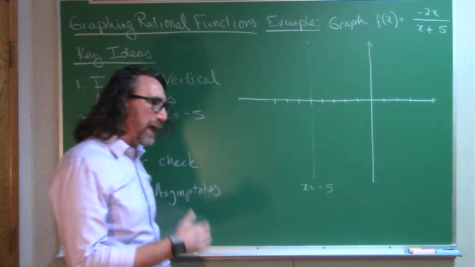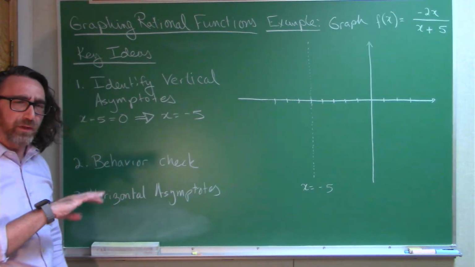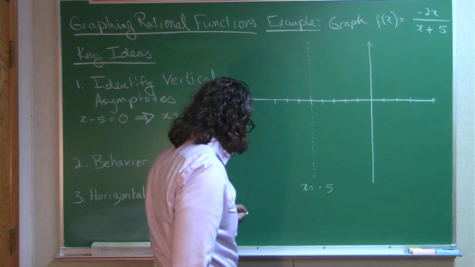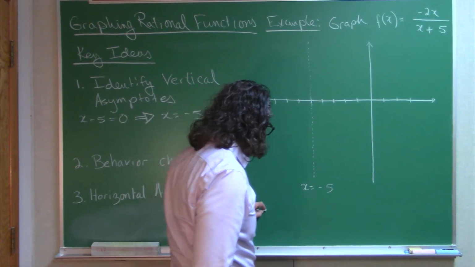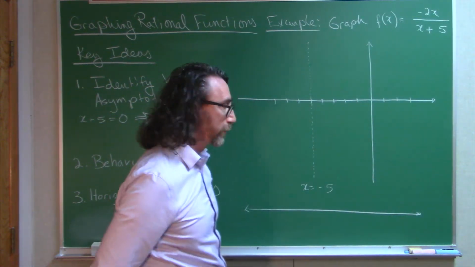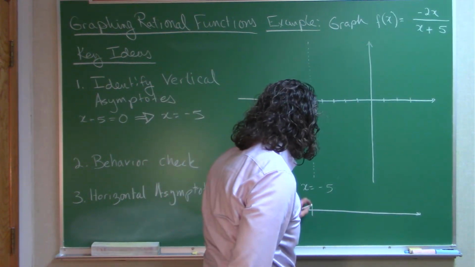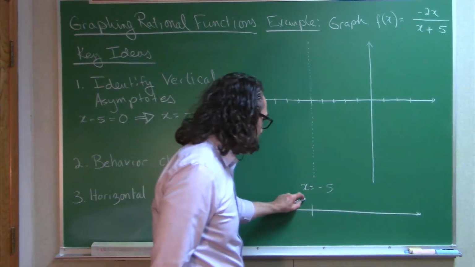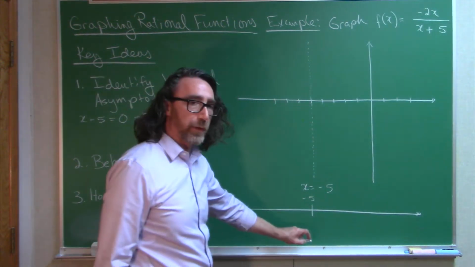Okay, now when I say behavior check, remember we made that little sign chart a few videos back? Okay, so I'm going to put my sign chart right under my graph. Negative 5 is an important place. That's where the vertical asymptote is happening.